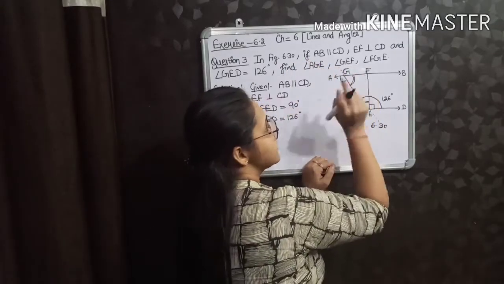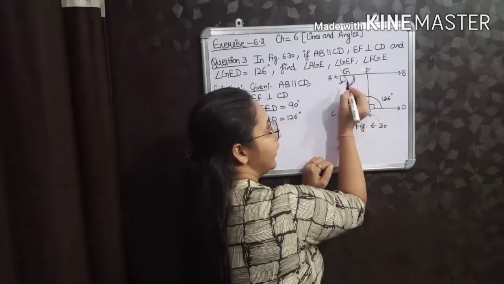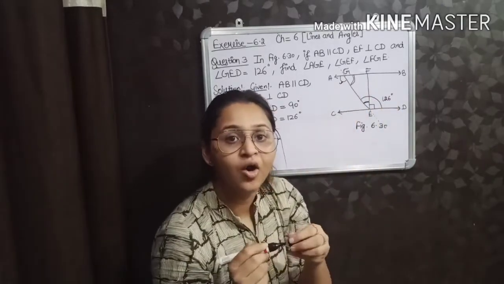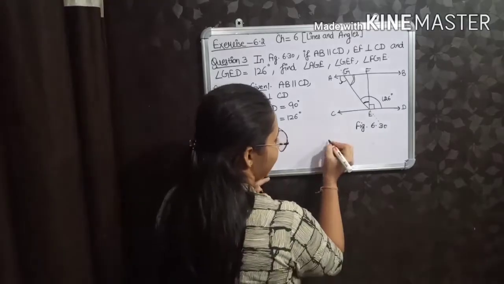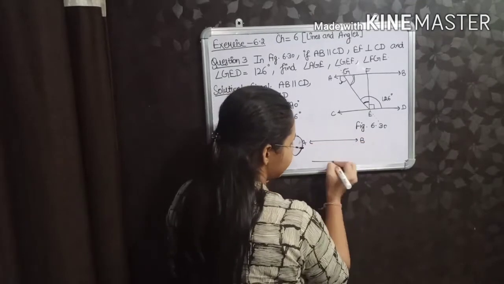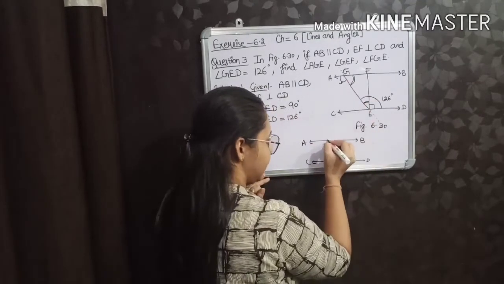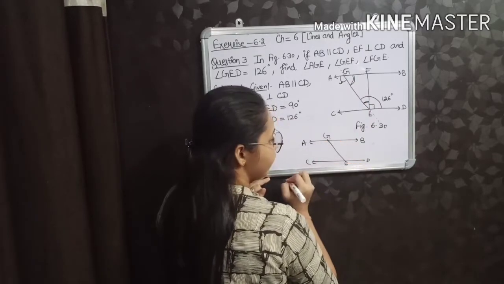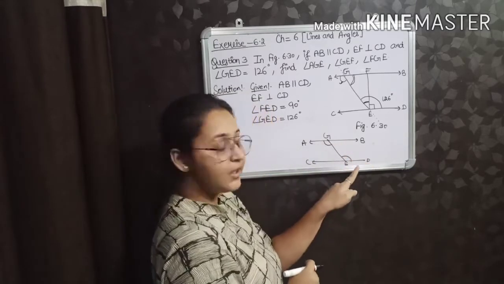Now this angle AGE and this complete angle, these are alternate interior angles. See here I am drawing AB, CD and this GE. This is a transversal line. So you will observe that this angle and this angle are alternate interior angles.